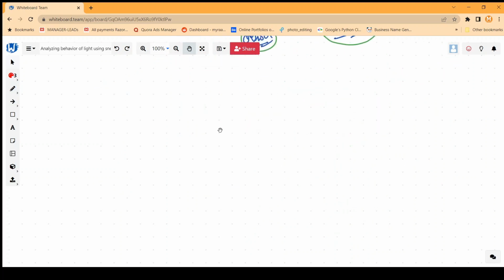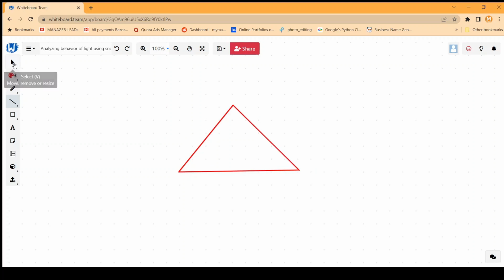So let's try and understand a different case such as a prism. So a prism is nothing but, let's say, something like this here. So this is a prism. As we said, we are in air.